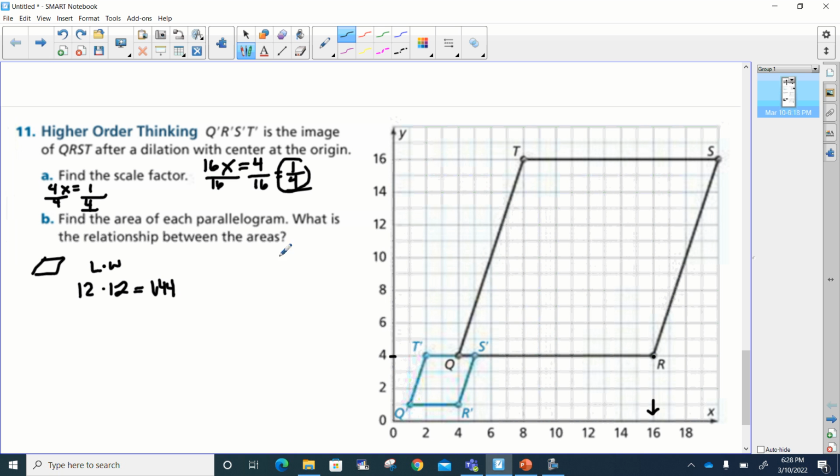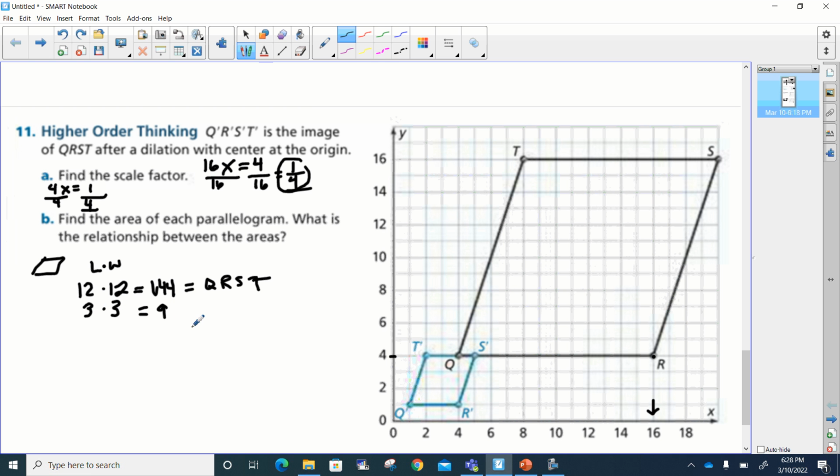All right. So the area of the pre-image, QRST. So QRST prime is going to be the area of the smaller one. The smaller one is 1, 2, 3 by 1, 2, 3. So that's going to be 3 times 3, and that equals 9.